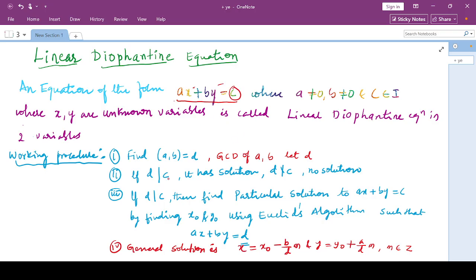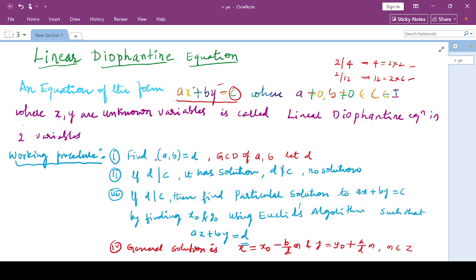If d divides c, for example, 2 divides 4, in the sense 4 can be written as 2 into 2. You can also say 2 divides 12, because 12 can be written as 2 into 6. So whenever a number divides, you can express it in terms of divisibility.